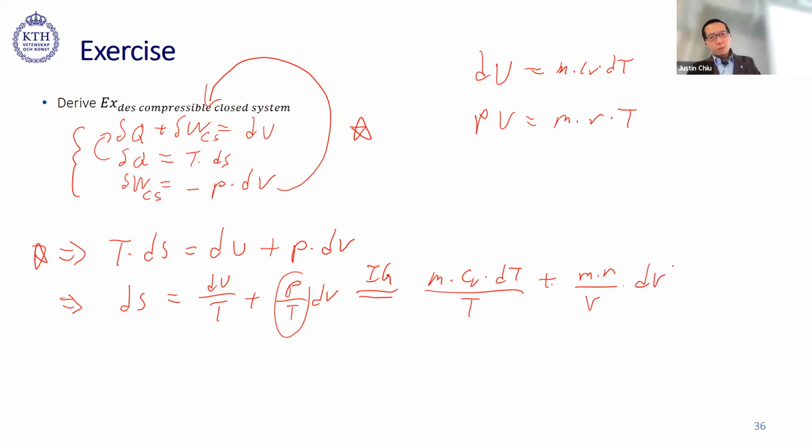The reason for rewriting it this way is that we want to integrate. This is much easier to integrate because we get a log.